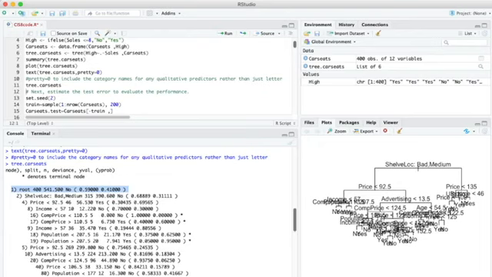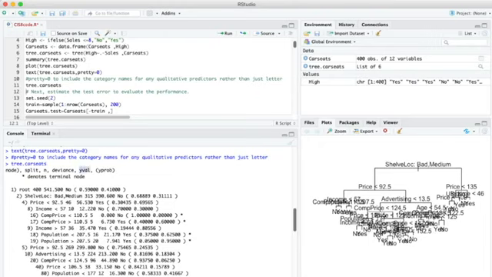Let's look at how it reads. First you have the number for the node and then a closing bracket, and the next is the split, which is the variable being used for the splitting rule here. Then you have the number of observations, and then the deviance, because this is a classification tree.